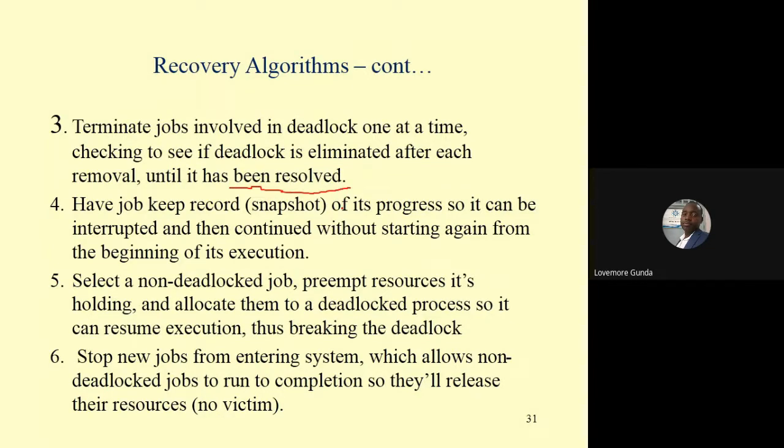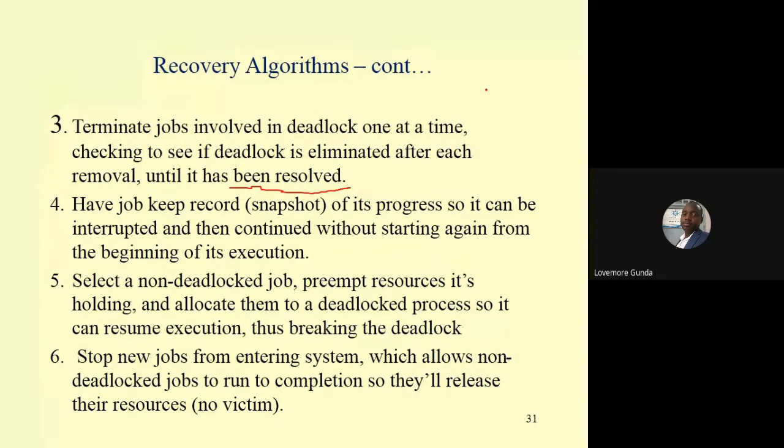So what we have is, in situation number 1, we terminate all jobs, whether they are involved in the deadlock or not. Situation number 2, as long as you are involved in the deadlock, you are terminated.